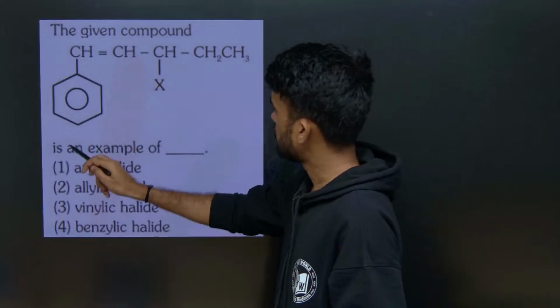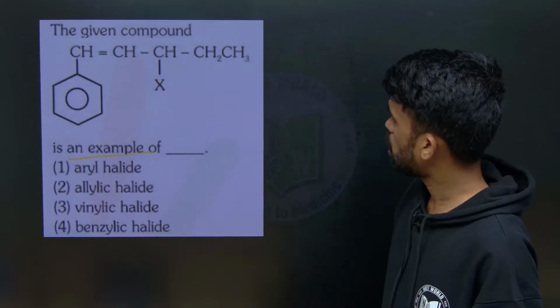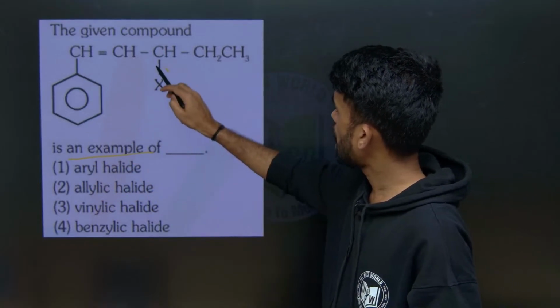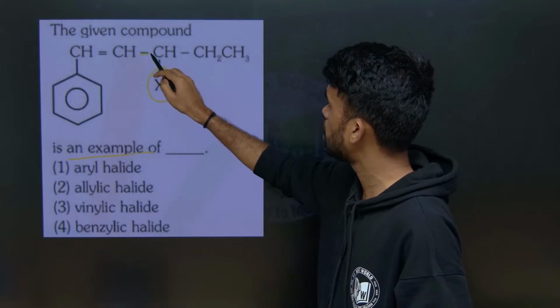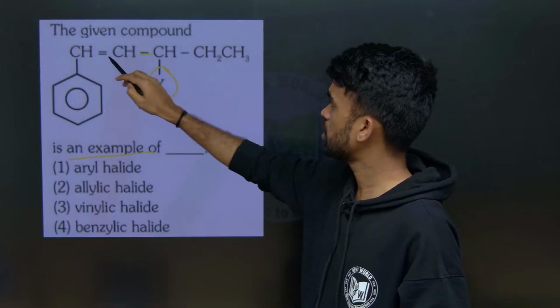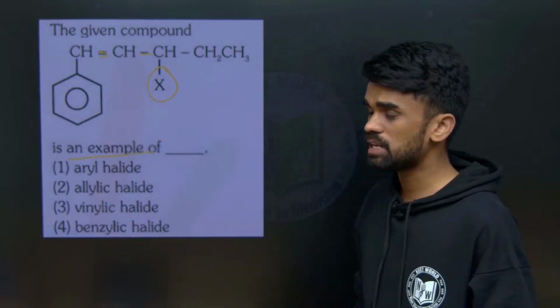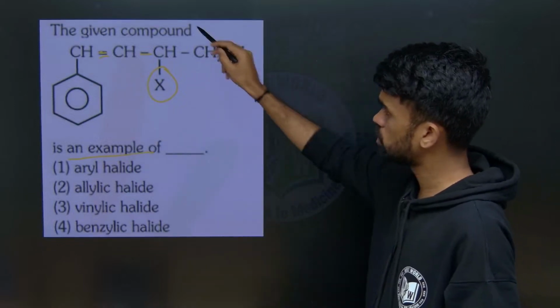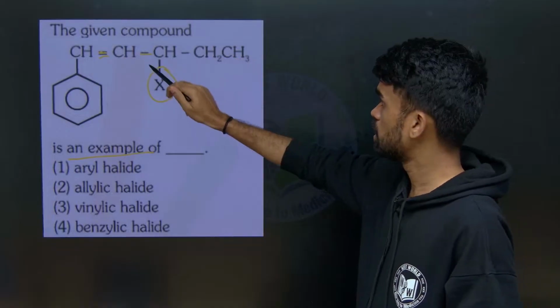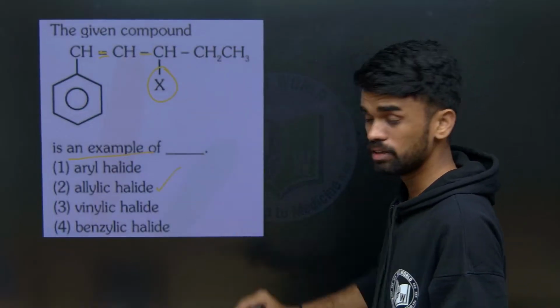Next, the given compound is an example of a halogen attached to the alkyl group having a conjugated double bond. I told you that we should call this the allylic position, right? Allylic halide.